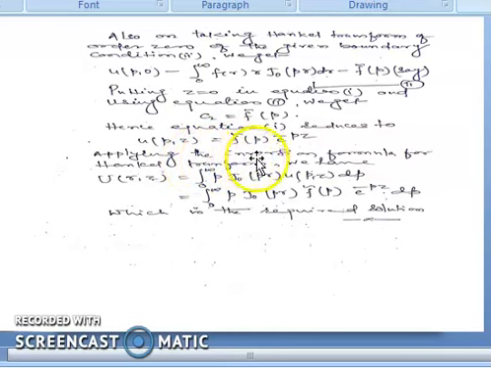Now applying the inversion formula for Hankel transform, we have u of r, z equal to the integral from 0 to infinity of p J0 of pr times u bar of p, z dp. So it becomes the integral of p J0 of pr as it is, and u bar of p, z becomes f bar of p e to the power minus pz.